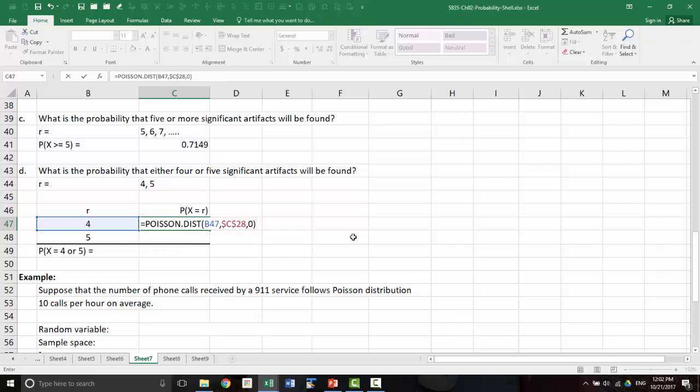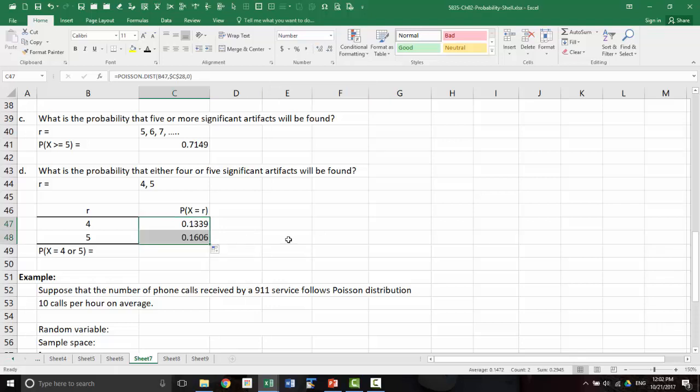So we get the probability for exactly r equal to 4, and then copy that down. The border line is gone, so let's put the border line back and sum the two.